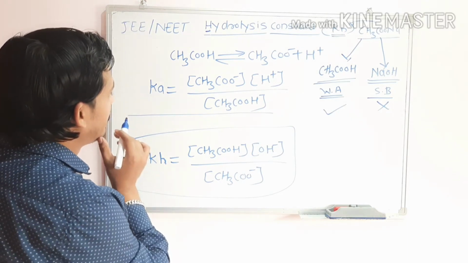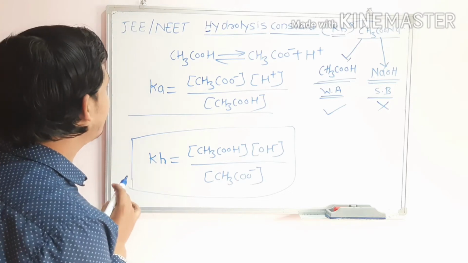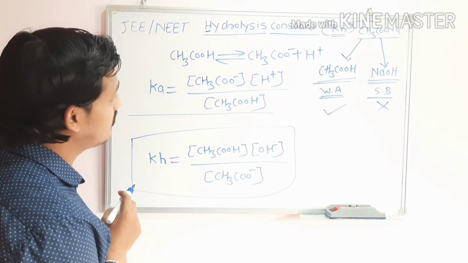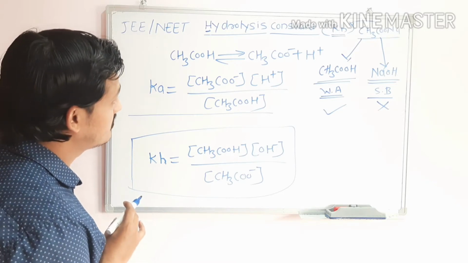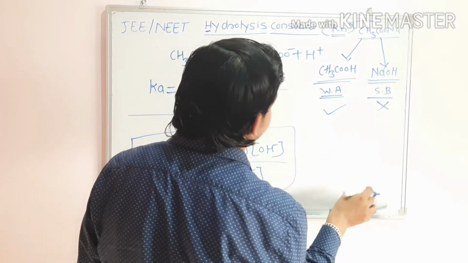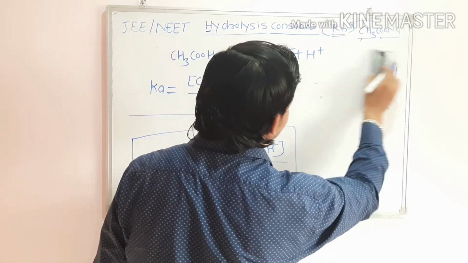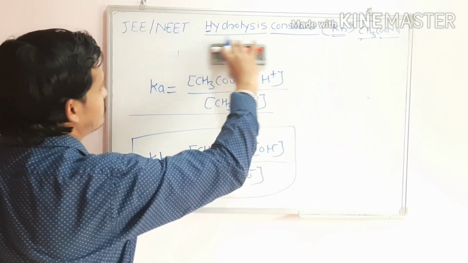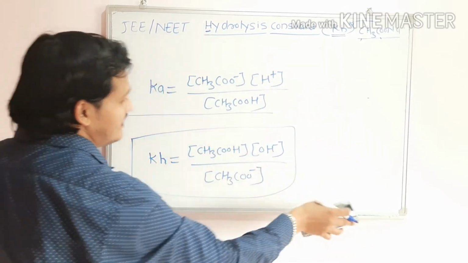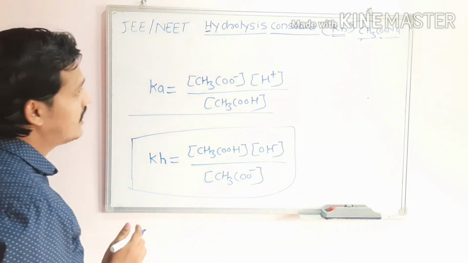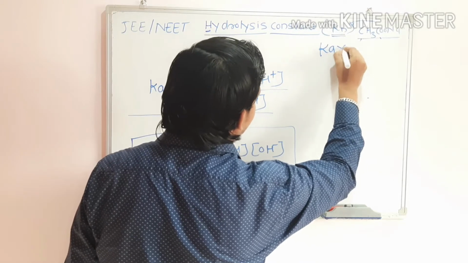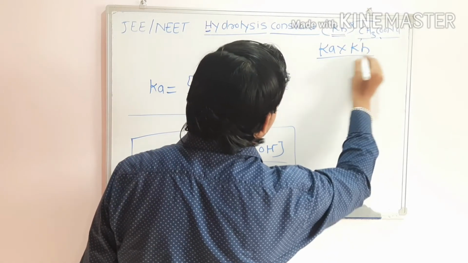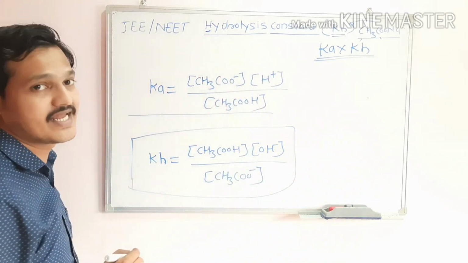So we have to multiply Ka into KH. Okay, we get, first of all I am moving this up, because the board is a little bit small here. So now we have to multiply Ka into KH, and let's see what equation we can get.